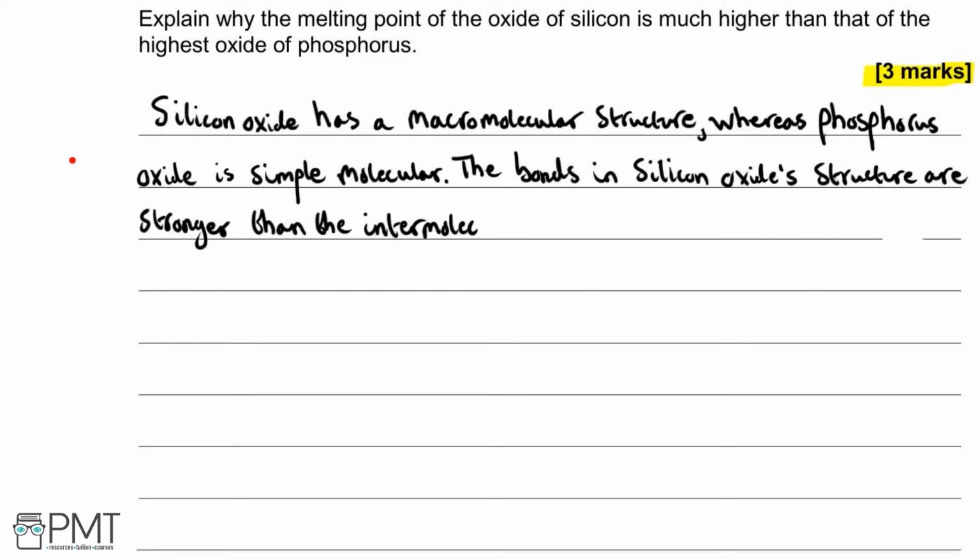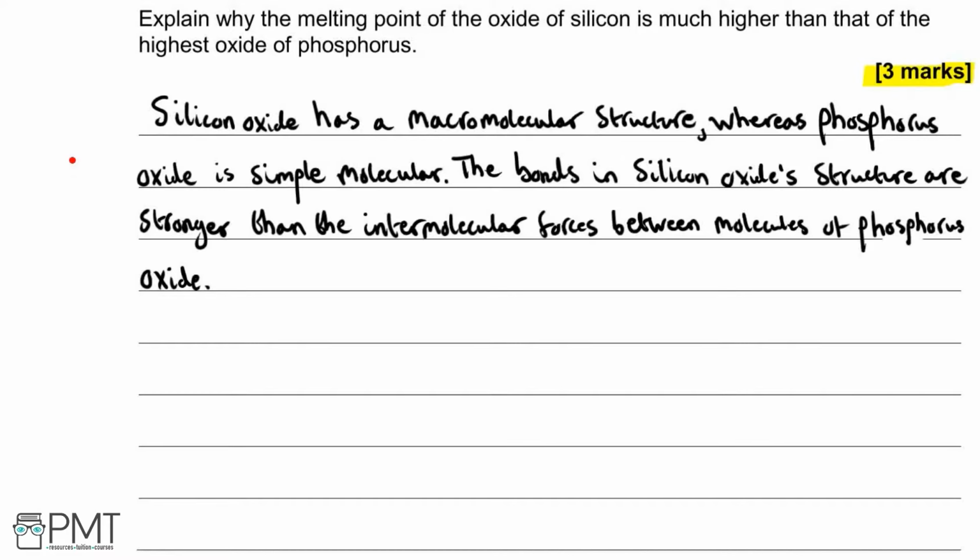This means that it's harder to weaken these bonds in silicon oxide than it is to weaken the intermolecular forces between molecules of phosphorus oxide. And because it's harder to weaken them, it means that we need more energy to do so, which means that it requires more energy to melt it, so it's got a higher melting point. So that's all we need for the 3 marks.